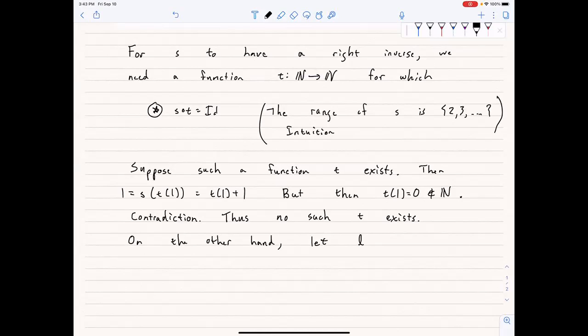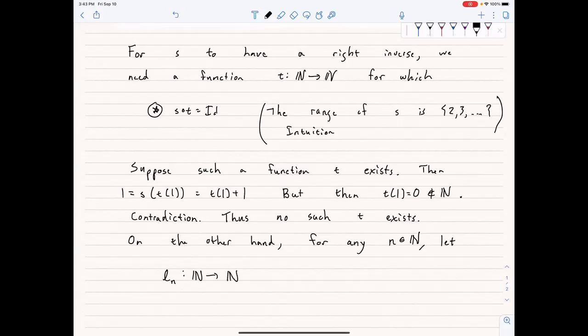And so let's actually define several L's. On the other hand, for any n in the natural numbers, let L sub n be a function.